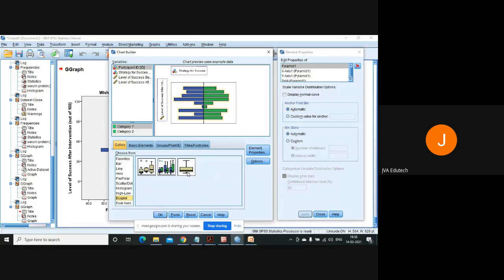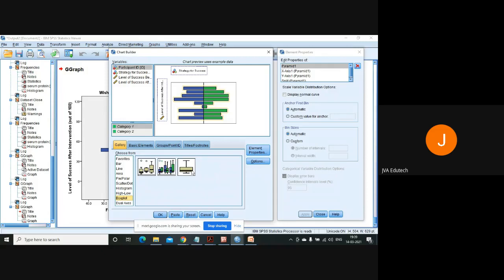The simple box plot is used when you want to plot a box plot of a single variable, and different box plots are made for different variables. Then the clustered box plot is the same as the simple box plot, except that you can select a second categorical variable on which to split the data. If you have groups, then you can use this second kind of box plot. And then you have the 1D box plot. This box plot is used when you want to see a box plot for a single variable.